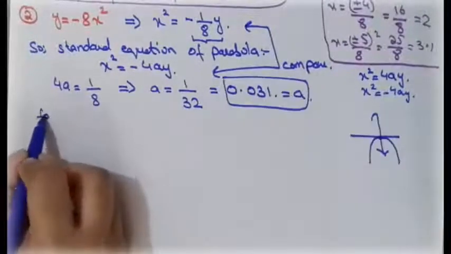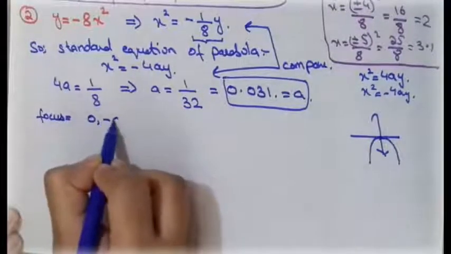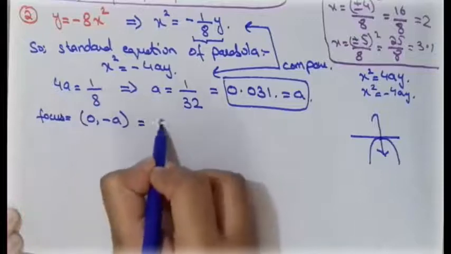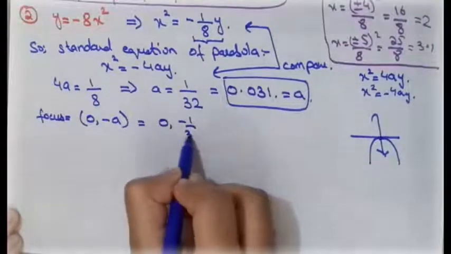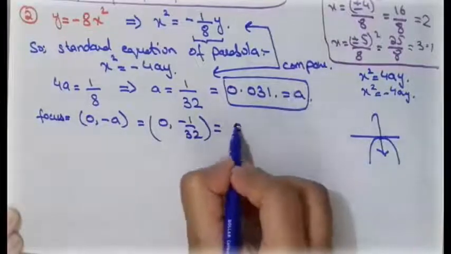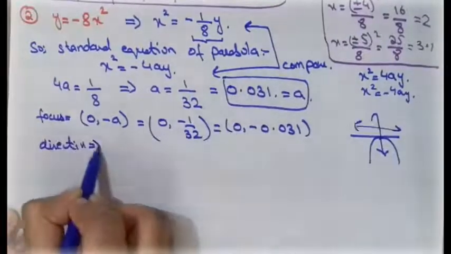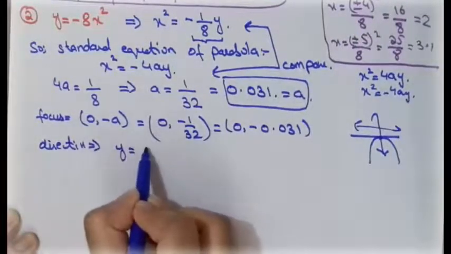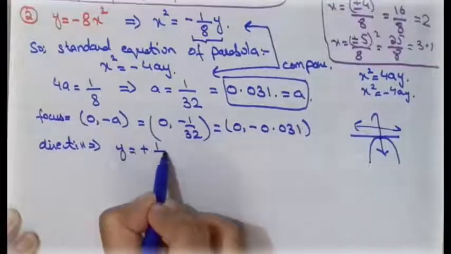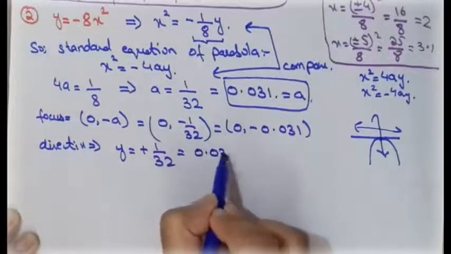The focus in that case is 0 minus a, which equals 0 minus 1 divided by 32, or we can write it as 0 minus 0.031. The directrix is y equals positive 1 divided by 32, meaning positive 0.031.